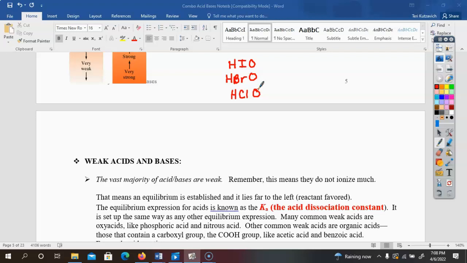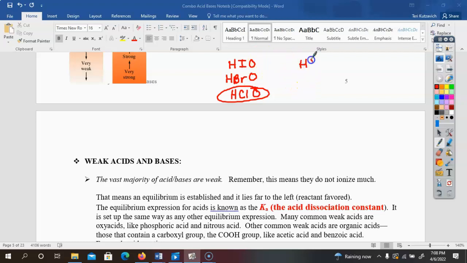Think about it for a second. Pause the video if need be. Look at a periodic table. Which one's stronger? HClO. Cl is more electronegative than Br and I.